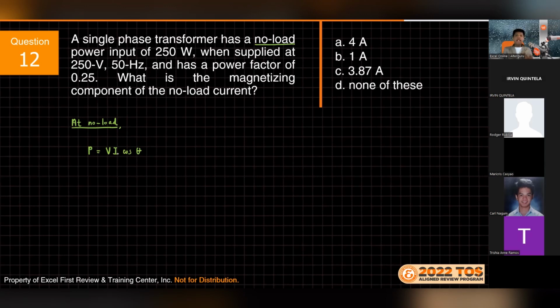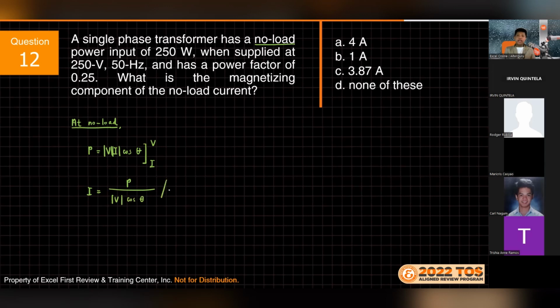Kumbaga, pag nagko-compute tayo lagi ng power, it's always the absolute value of the voltage times absolute value of the current times cosine theta. Walang mga angle tayo nilalagay dyan. Kasi the theta there is the pagitan between your current to the voltage. Now, since current ang kailangan natin, so gagawin natin is P over the absolute value nitong V, cosine theta.